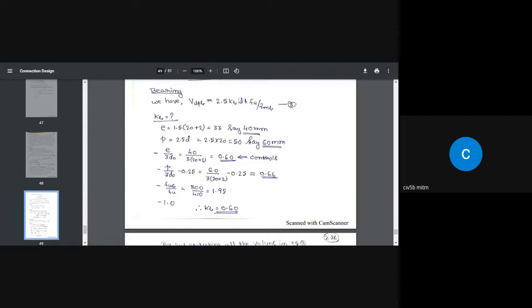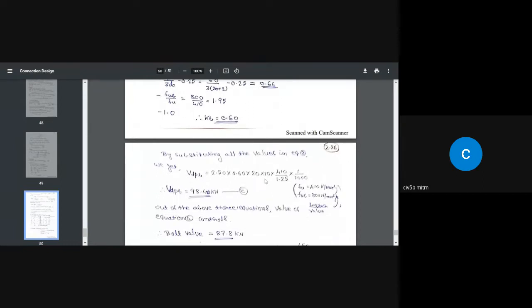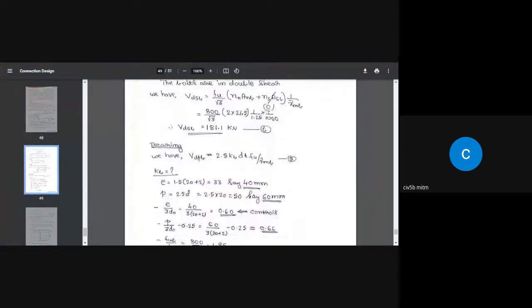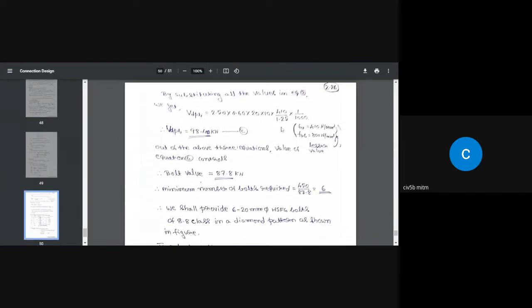Next, D is the diameter of the bolt, and T is the thickness of the thinner plate. So in this case, that is 10 mm I have taken. 10 mm because if you look here in the problem, we are connecting two plates. I have taken 10 mm because I'm connecting two plates of thickness 10 millimeter. Okay.